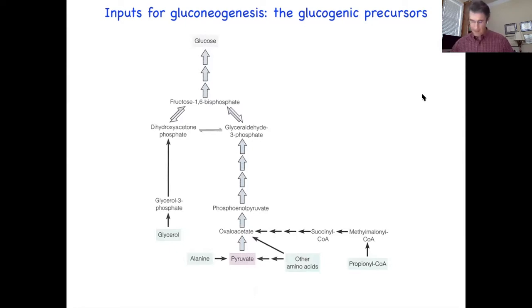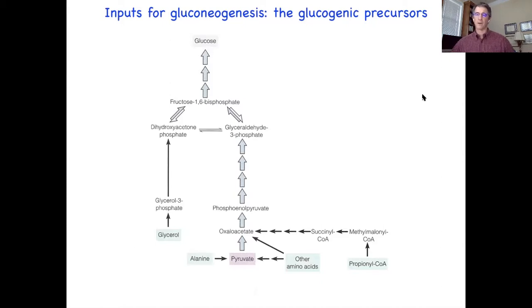gluconeogenic pool, right? But in organisms like us, in mammals, like I mentioned, the main flux is coming from two directions. One is the need to convert amino acids when you need to into something that other tissues like brain and/or CNS and red blood cells can run on.